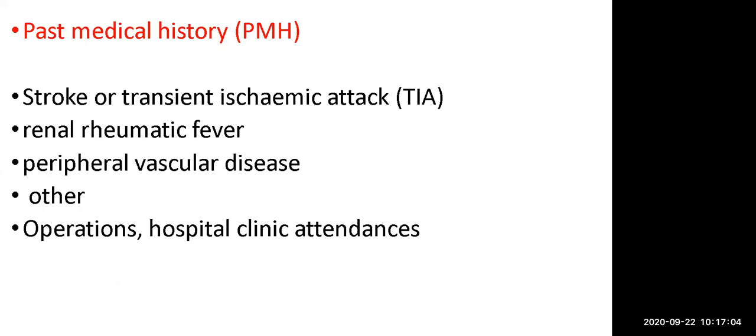TIA is mostly a neurological disease, but you should ask because it also happens from hypertension, and you have to record it to support your present diagnosis. Then renal disease, hepatic disease, peripheral vascular disease, and other diseases that are close to your cardiovascular system.